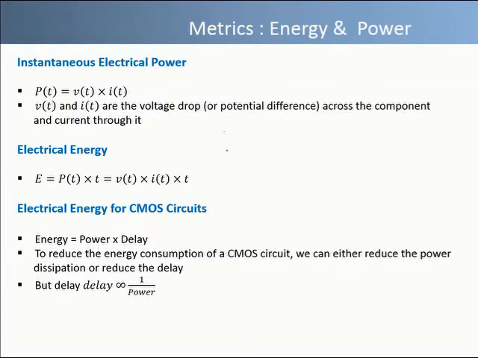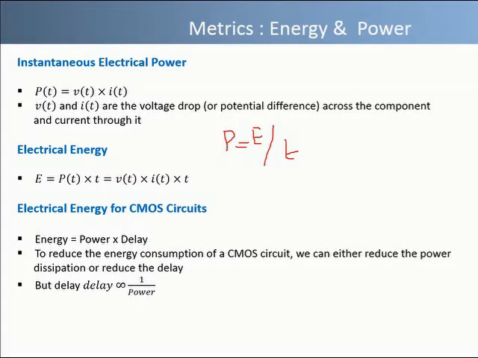So as power is equal to energy divided by time, the energy is the product of instantaneous power with the time, and this is equal to V(t) times I(t) times t. So from this concept of power and energy, you must understand that the energy consumption of a CMOS circuit is equal to the product of its power and propagation delay.